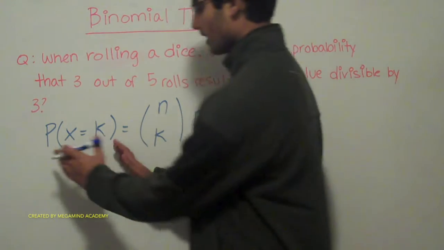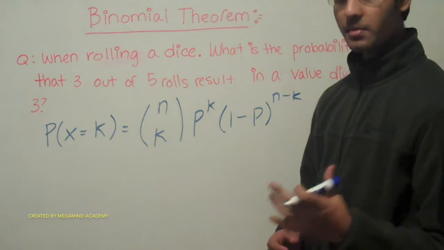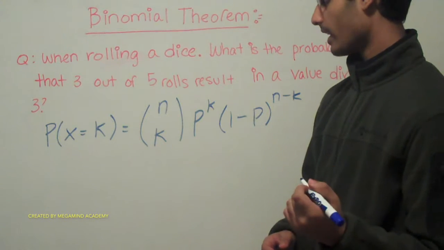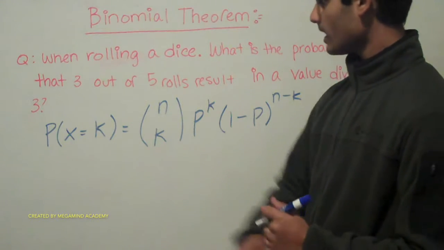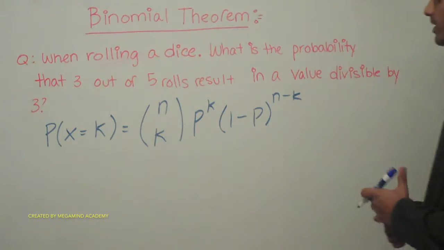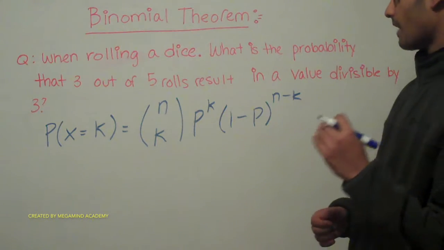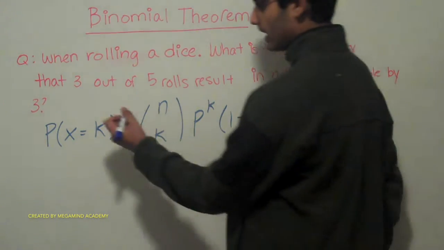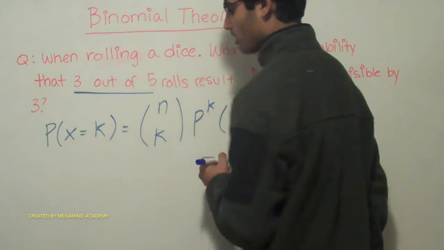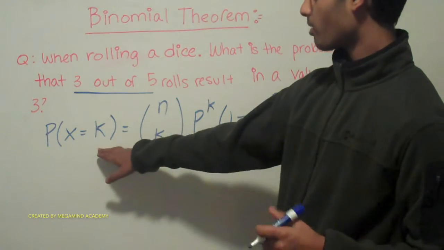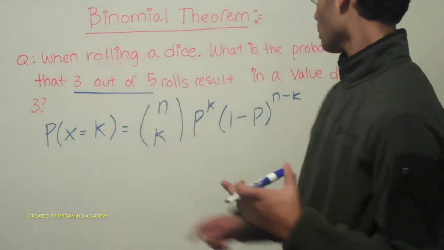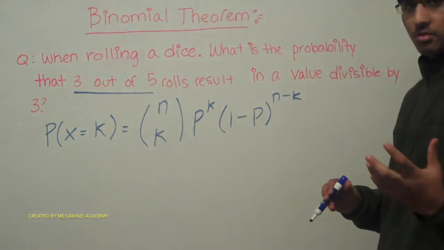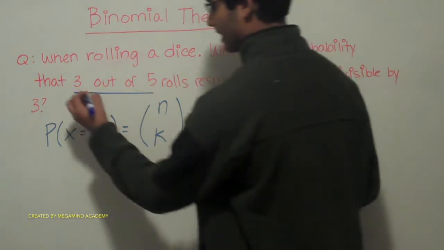So let's start here on the left-hand side. We're trying to find the probability that x is equal to k. So what is this saying? Well, let's look at our example up here. We want to find the probability that 3 out of 5 rolls results in a value divisible by 3. So the key thing here is 3 out of 5 rolls. Here, we want to find the probability that 3 of these rolls results in a value divisible by 3. So 3 is what k is.